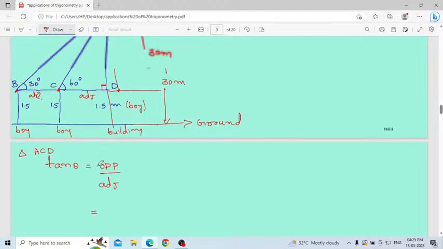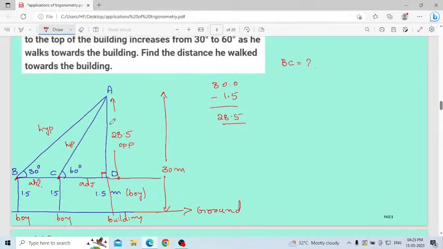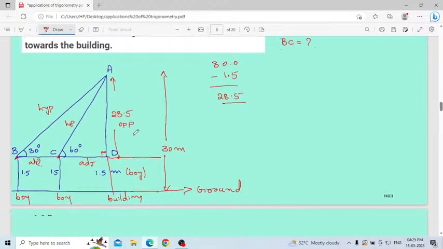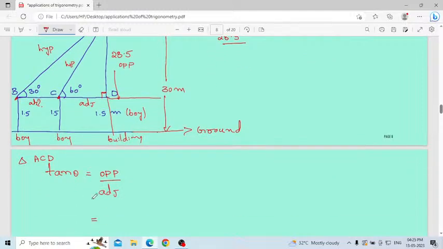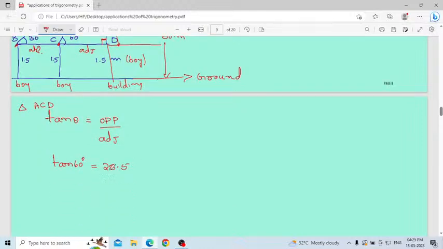You know the opposite value here. The opposite value is given as 28.5. Substitute here 28.5. Then here tan 60 degrees, no? Tan 60 degrees is nothing but root 3, divided by the adjacent, which we have to calculate, that is from here to here, CD.